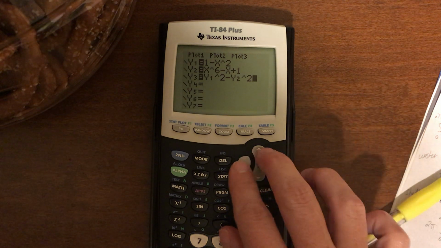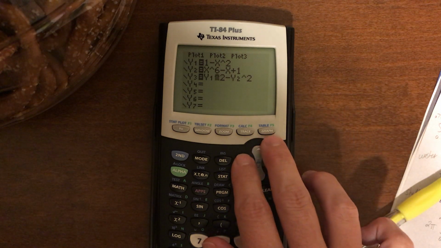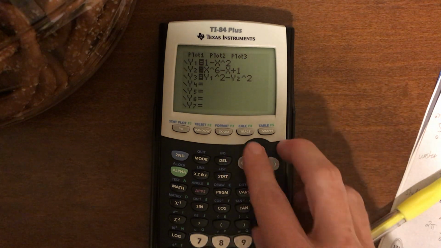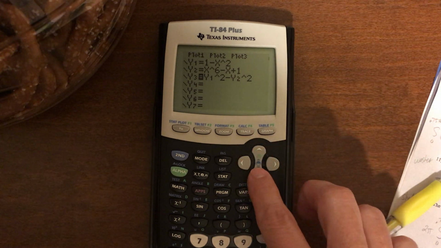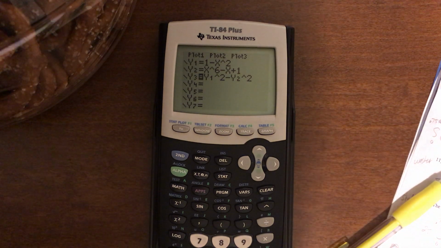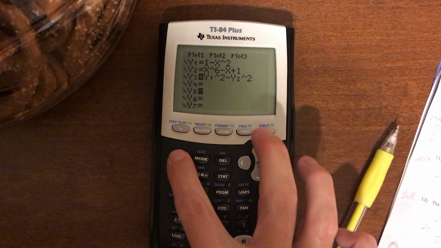So that's y1 squared minus y2 squared, right? Isn't that what I want? Let's make sure I turn off my other two, so that one's the only one being shown. So that's my big R squared minus my little r squared, and I want to integrate it.